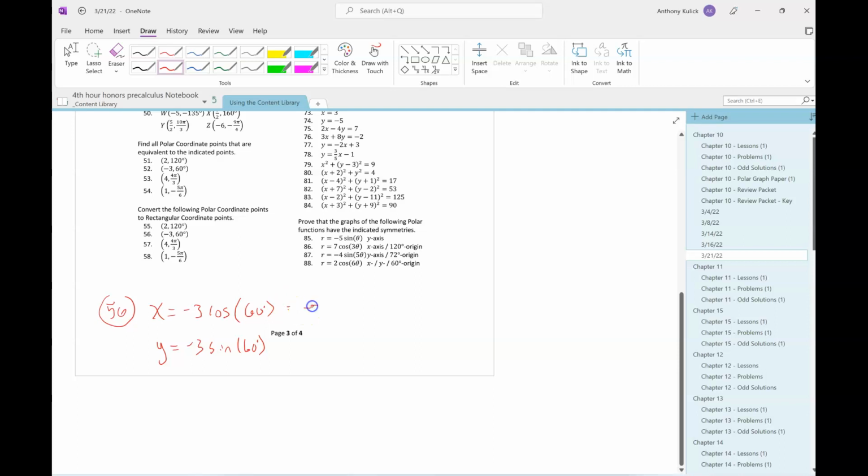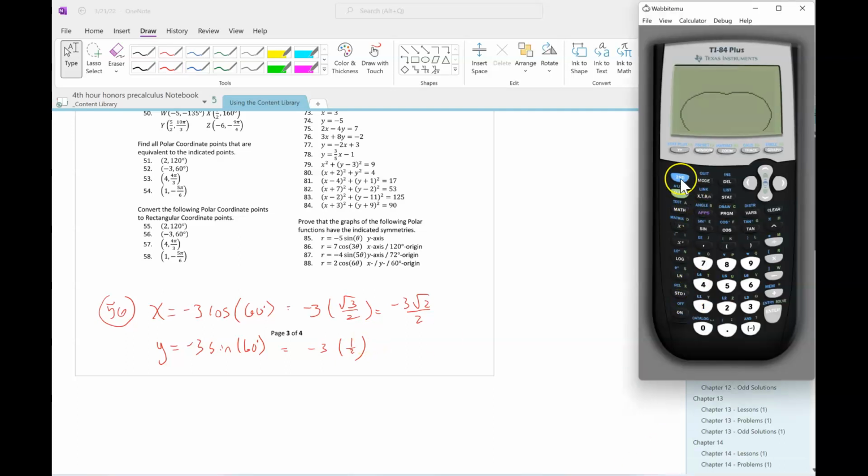Cosine of 60 degrees, that's square root 3 over 2. And for sine, that's 1/2. Or do I have those flipped? I forget now. Unit circle's hard sometimes, guys.